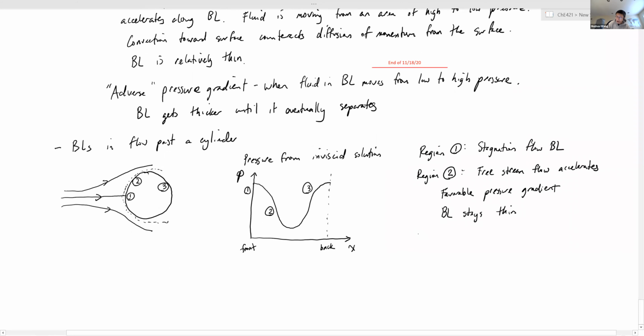Now, region 3 is where things start to look qualitatively different. Okay. In region 3, we have basically an adverse pressure gradient, right? Because now the fluid is forced to move from an area of low pressure, relatively low pressure here, into an area of high pressure. Okay.